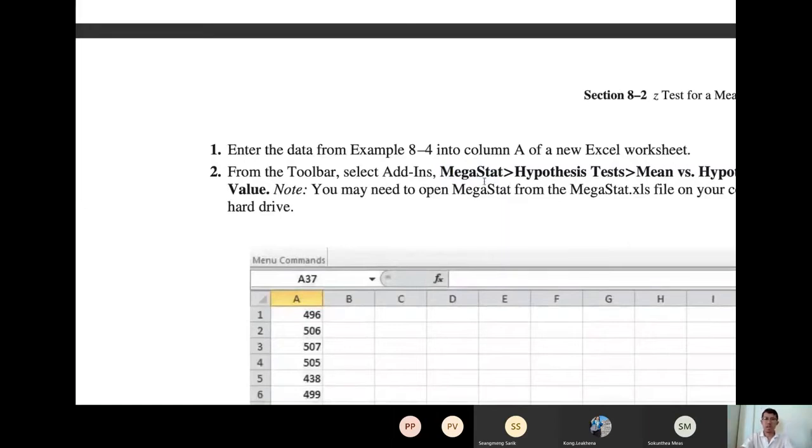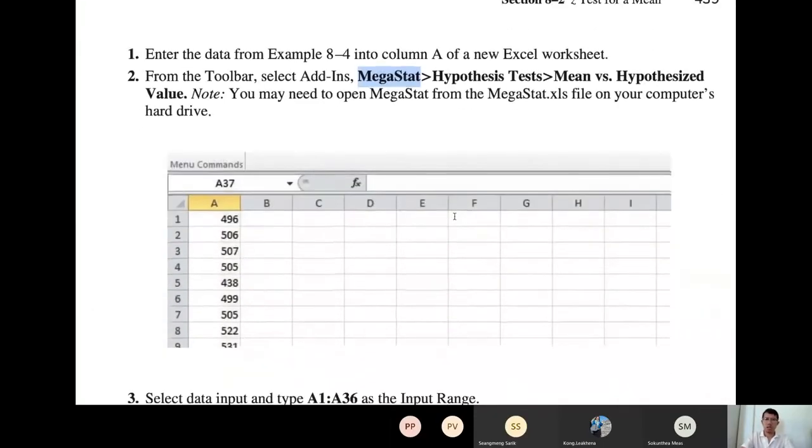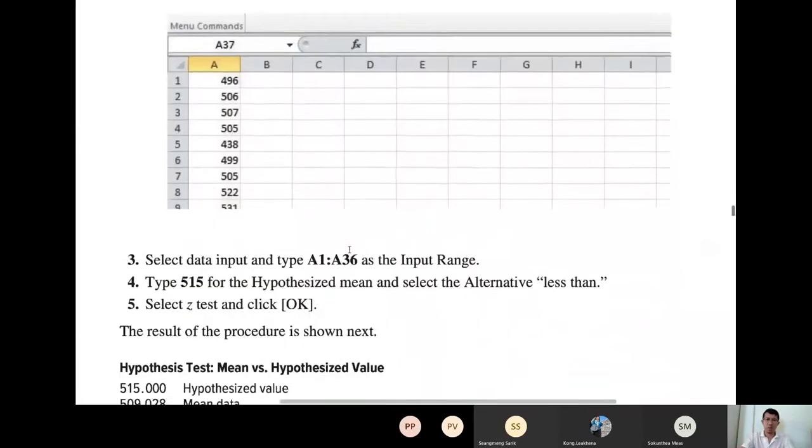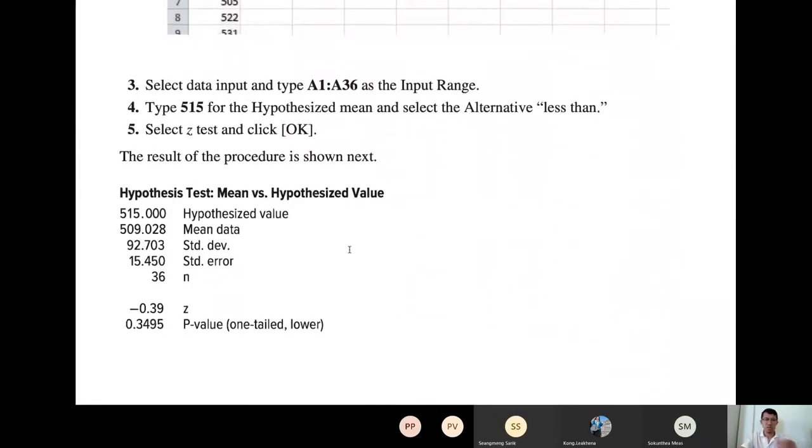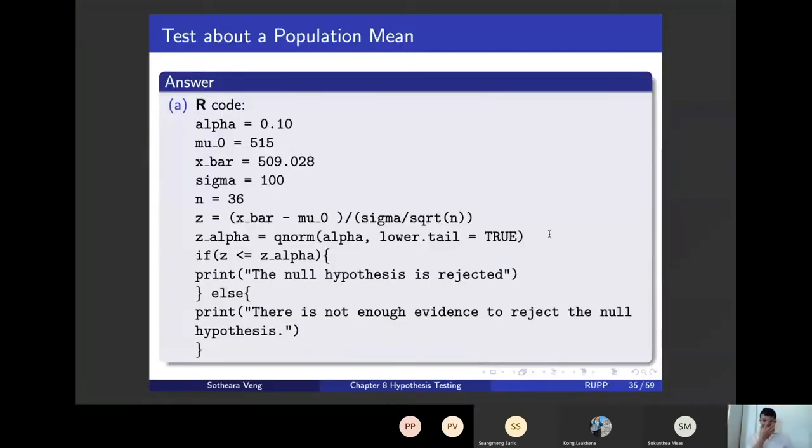So in order to use Excel, you have to install this add-in named Megastat, and I searched that it's not free, so you have to pay to come up with this value. But usually the software just gives you a different calculation, which will be considered later. Okay, so I think we should stop here for the first section.